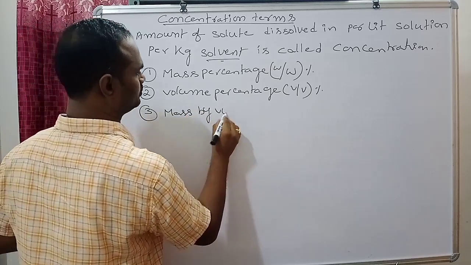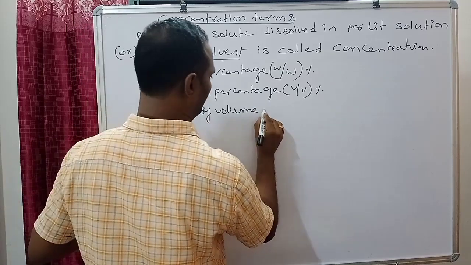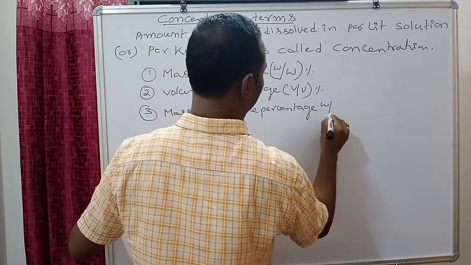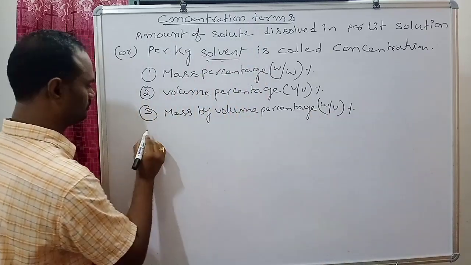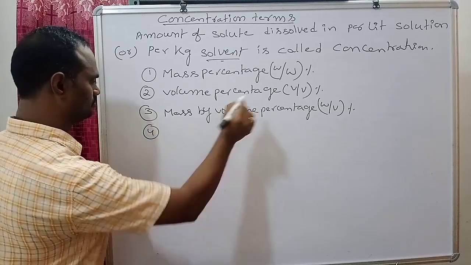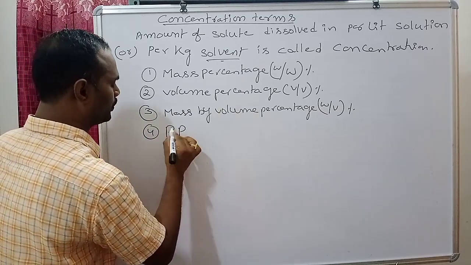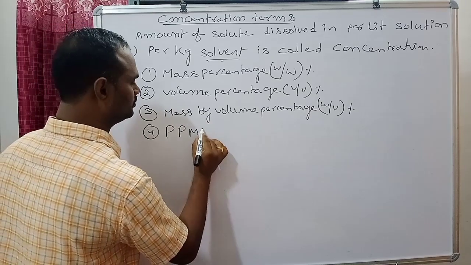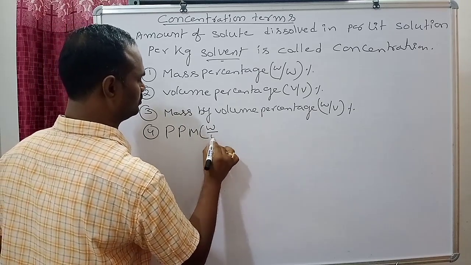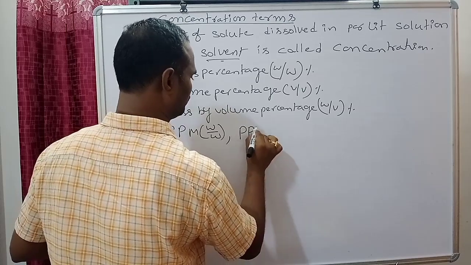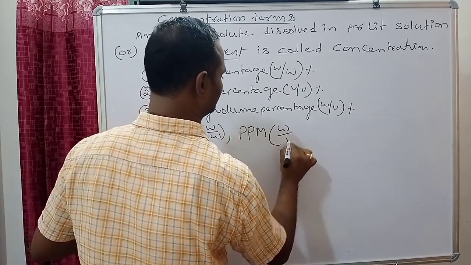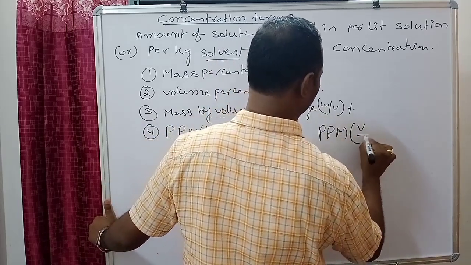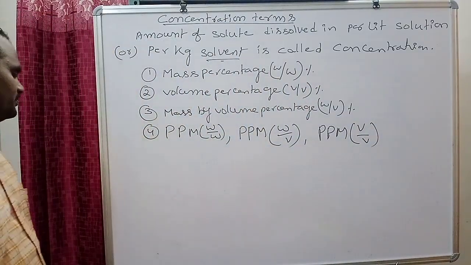Mass by volume percentage. ppm, which again has three types: mass by mass ppm, mass by volume ppm, and volume by volume ppm.